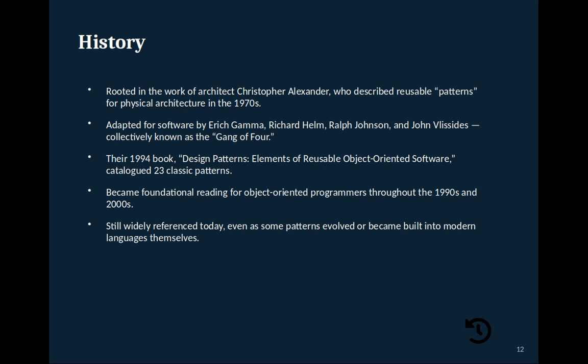Their 1994 book, Design Patterns: Elements of Reusable Object-Oriented Software, catalogued 23 classic patterns, and became foundational reading for object-oriented programmers throughout the 90s and 2000s. Still widely referenced today, even as some patterns evolved or became built into modern languages themselves.